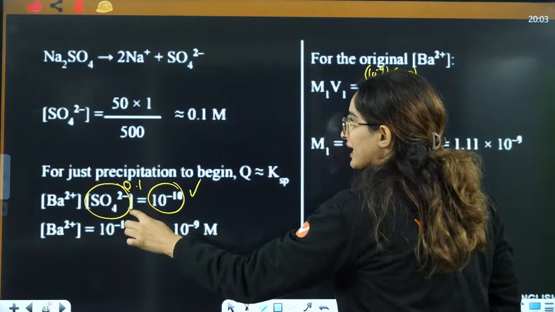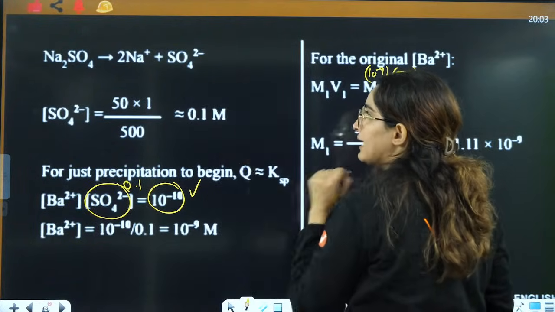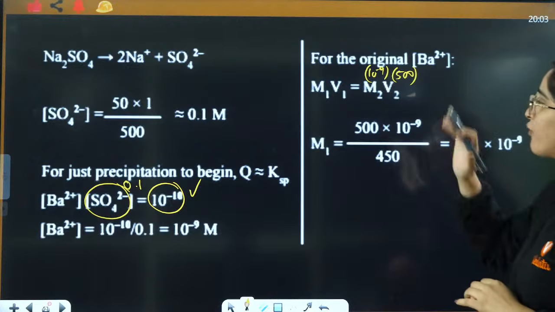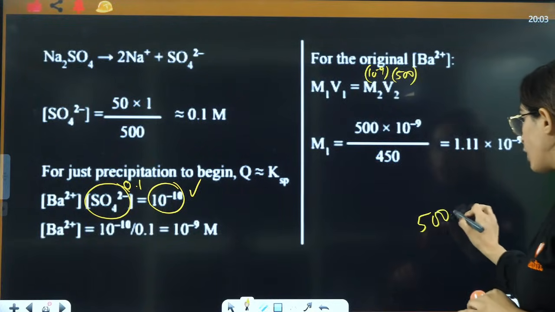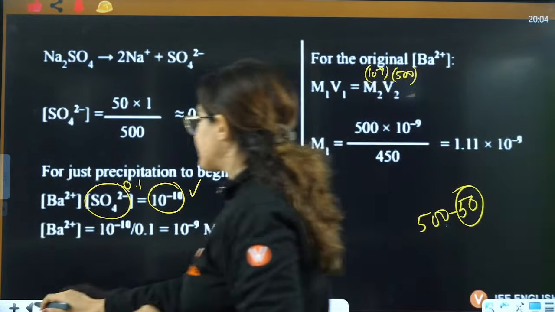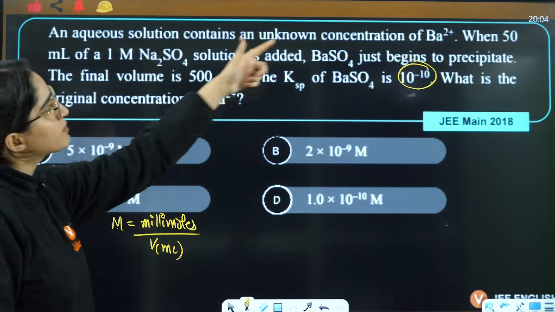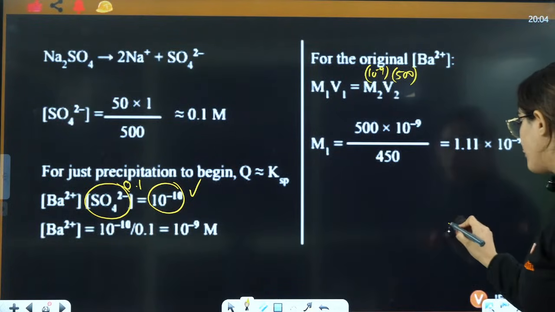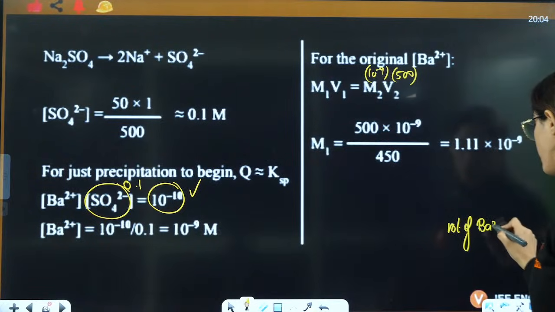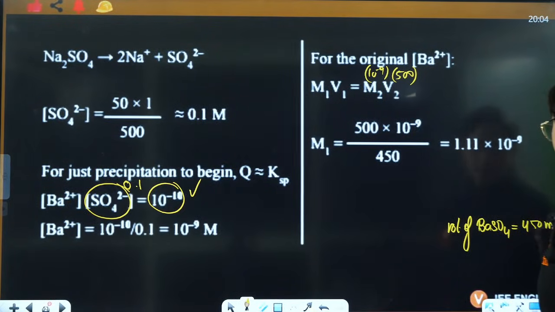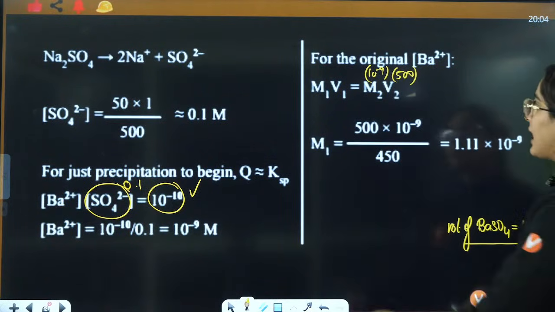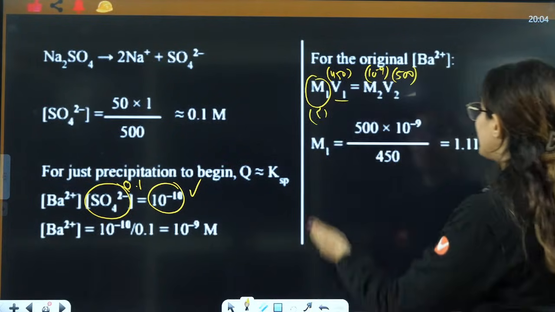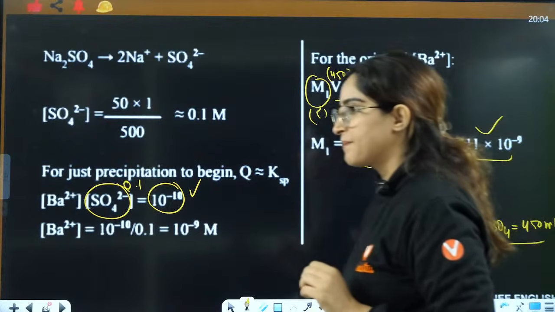Since 500 is the total volume, out of which 50 is coming from Na2SO4, the volume of BaSO4 must be 500 minus 50, that is 450 milliliter, and that's why M2V2 has volume 450.